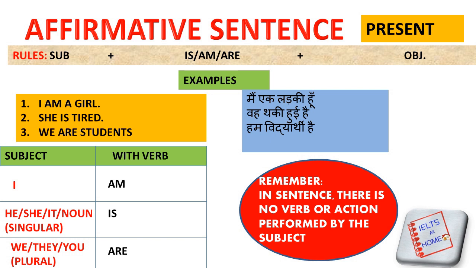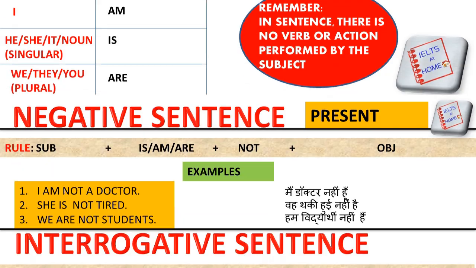We use any one because with I we use only am, so I use am. And then a girl, that is the object. So follow this rule for making affirmative sentences. The rule is subject plus helping verb is am are plus object.